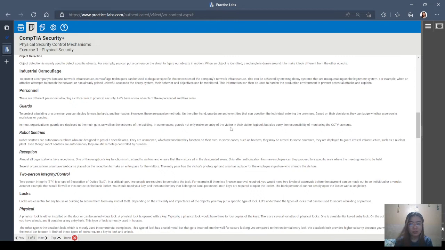Another example that would fit well in this context is the bank locker. You would need your key and then another key that belongs to bank personnel. Both keys are required to open the locker. The bank personnel cannot simply open the locker with a single key.